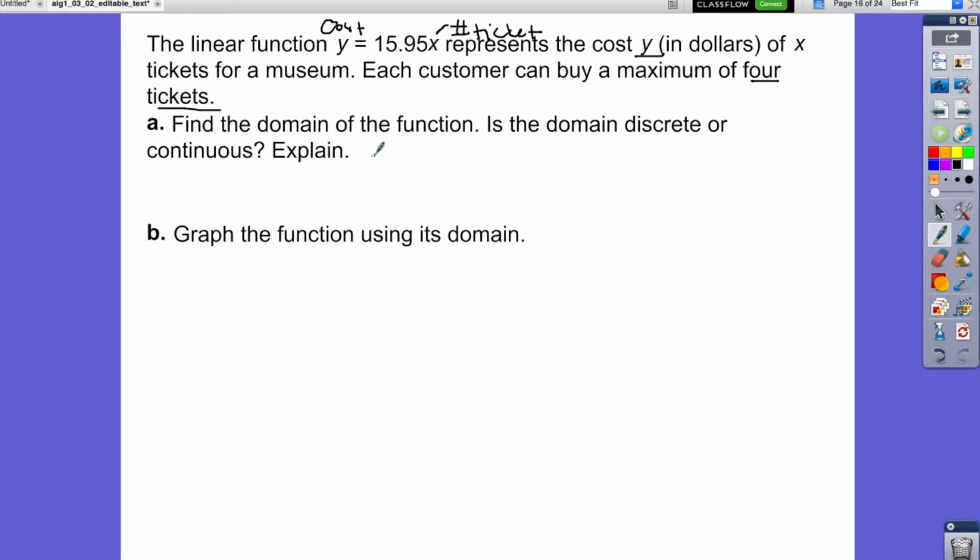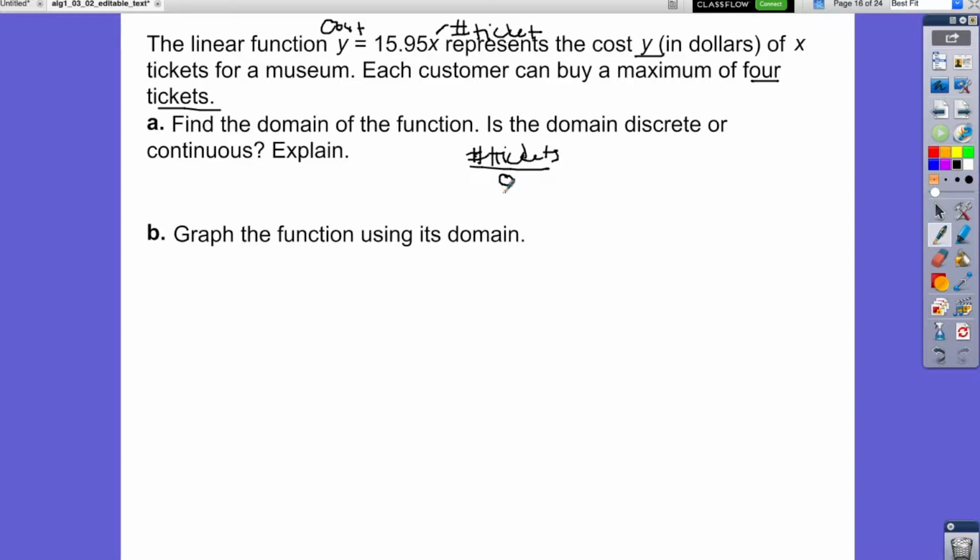Okay, find the domain. Is the domain discrete or continuous? Okay, finding the domain. So the number of tickets. How many tickets can somebody buy? 4. Up to 4. So what else can they buy? 1, 2, 3, 4. Yeah, everything below.